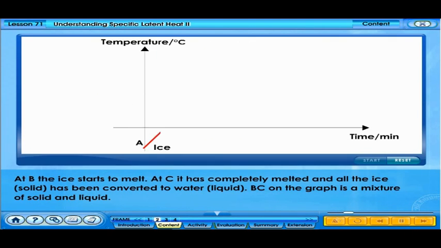At B, the ice starts to melt. At C, it has completely melted, and all the ice, solid, has been converted to water, liquid. BC on the graph is a mixture of solid and liquid.